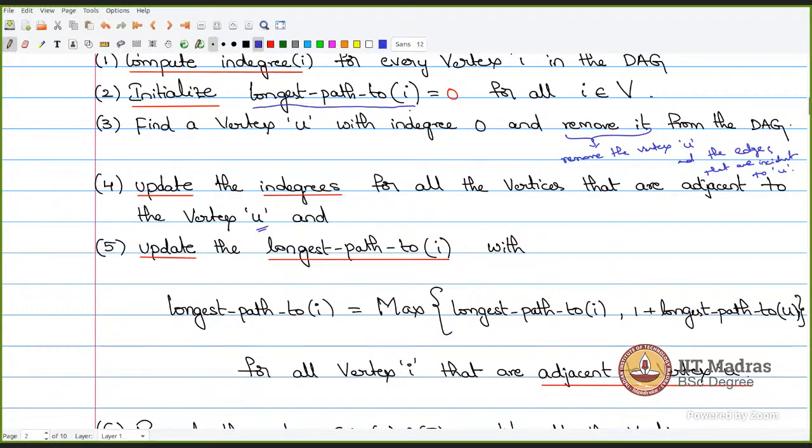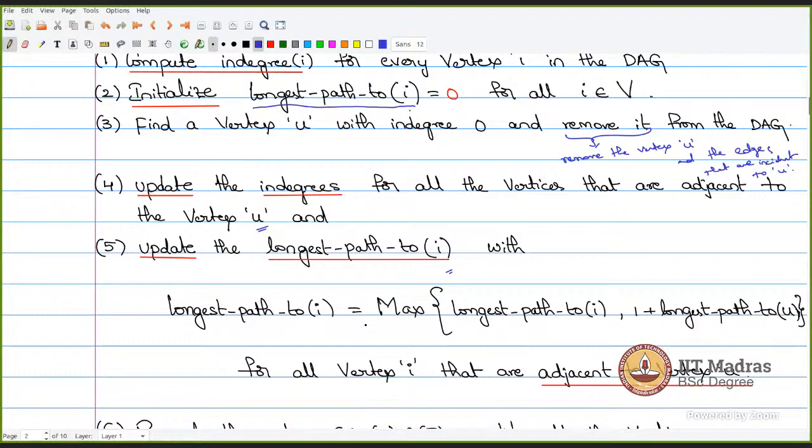How we update it: longest path to of vertex I is the max of longest path to I, which is the number already associated with that vertex, or 1 plus longest path to u, whichever vertex we removed. Whichever is the maximum, we pick that, for the vertices I that are adjacent to u.